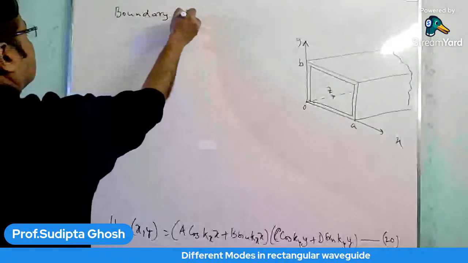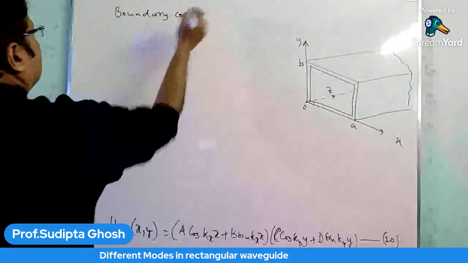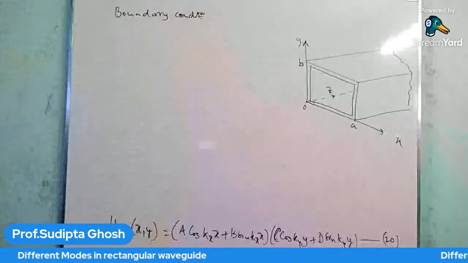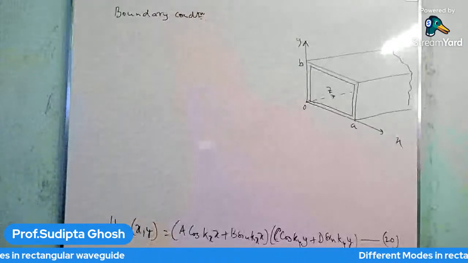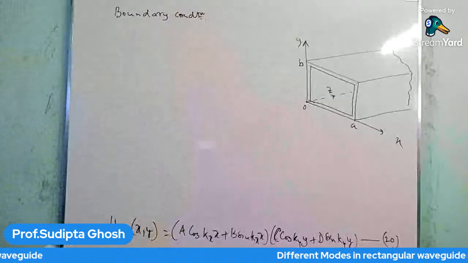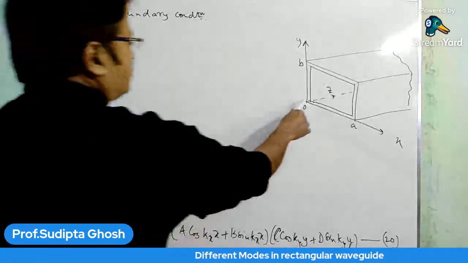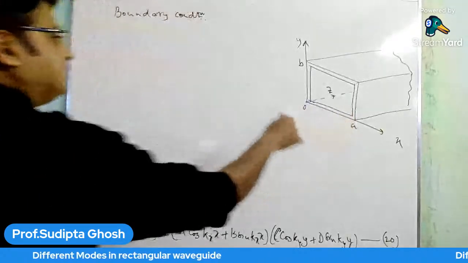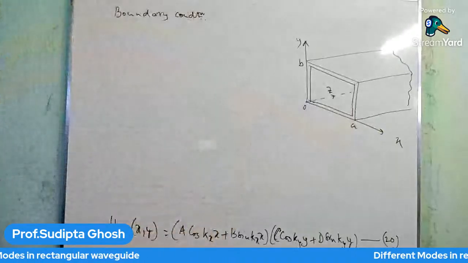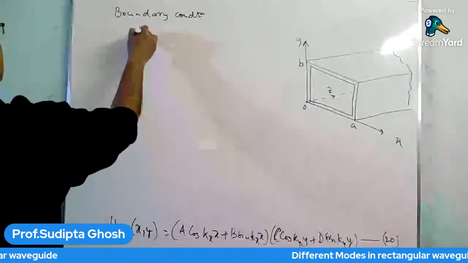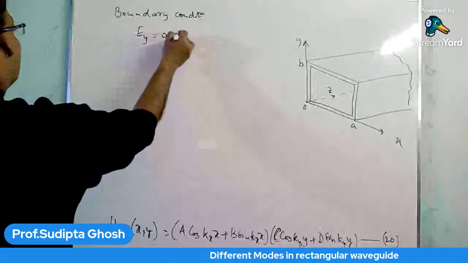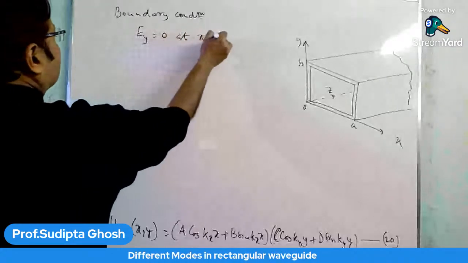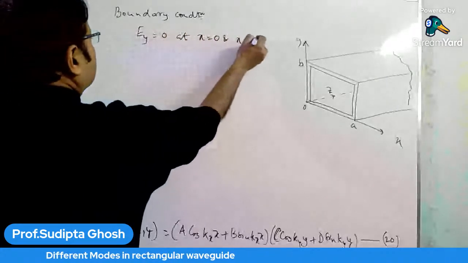The boundary conditions are at x equals 0 and x equals A. At x equals 0 and at x equals A, Ey, that is the electric field along the y-axis, equals 0.